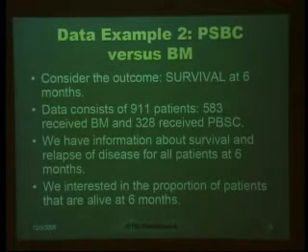After the patients are transplanted, they can eventually die, or the disease, leukemia, can usually come back. So they relapse. And we have information about all the patients after 6 months. So let's look first at the proportion of patients that are alive at 6 months after the transplant.